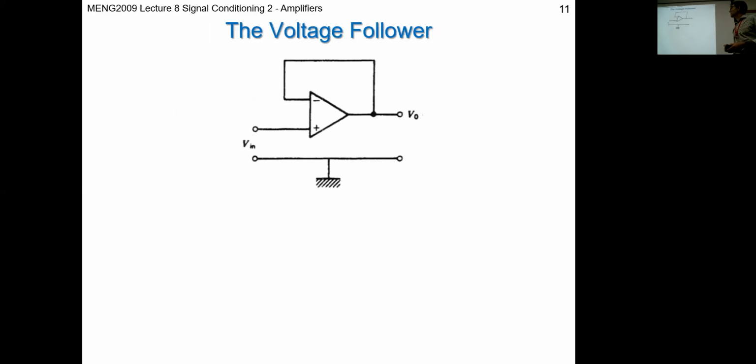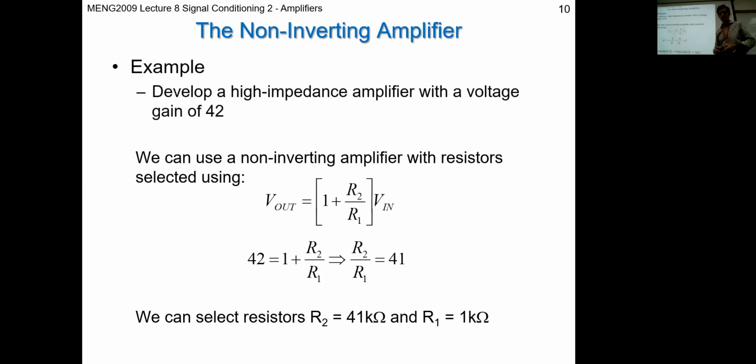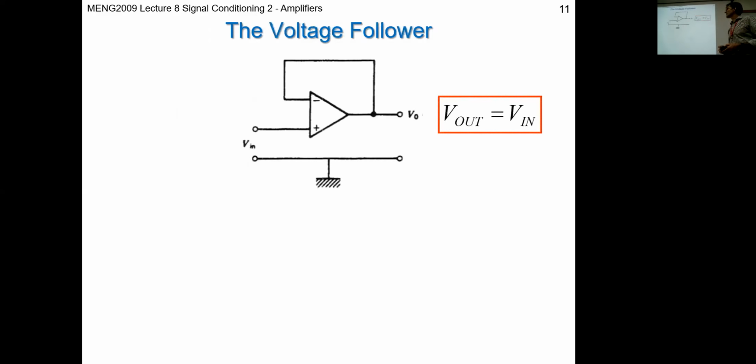So that's basically the non-inverting amp. Our next type we're going to look at is the voltage follower. This one is a very simple device that just gives the same output voltage as input voltage. It doesn't amplify anything, it doesn't give you any gain, or has a gain of 1.